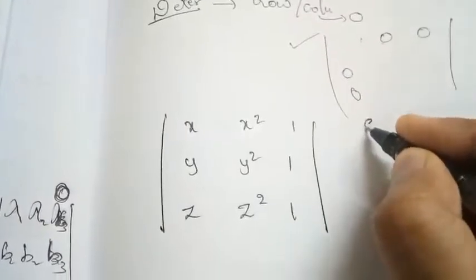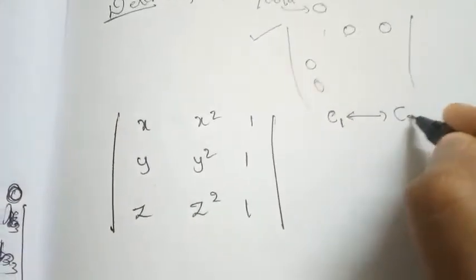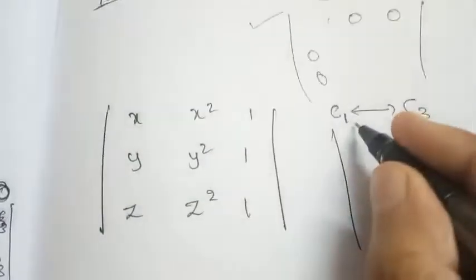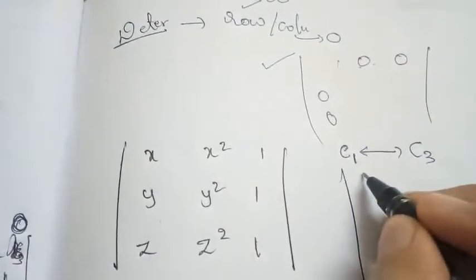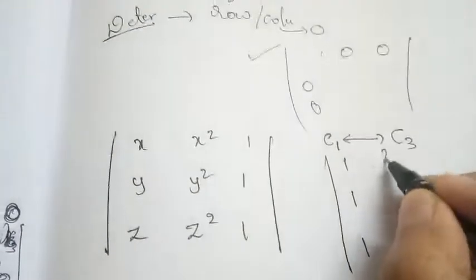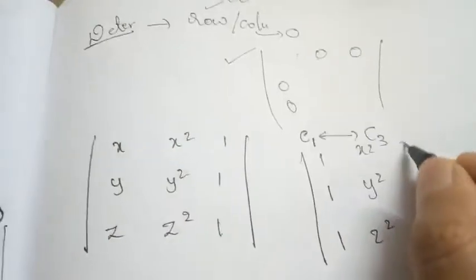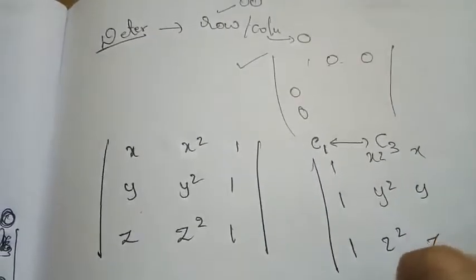After interchanging C3 with C1, what was the determinant? I first interchanged column C1 with C3. So after changing column C1 with C3, what happens? C1 becomes C3, that is 1 1 1. This x square, y square, z square remains as it is, and the third column becomes x y z.